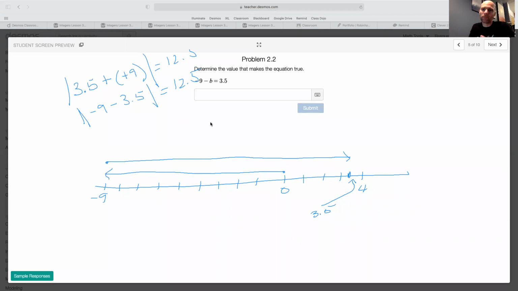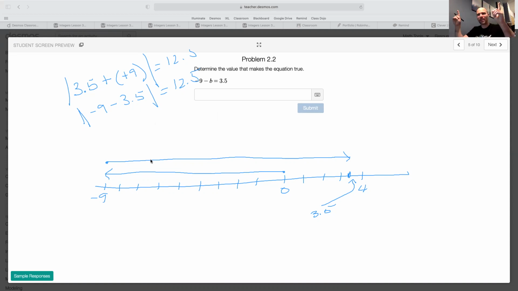Oops, wait. I almost messed something up. So the question says you have to subtract some number to get from negative 9 to 3.5. This vector is an addition, right? We always add vectors.